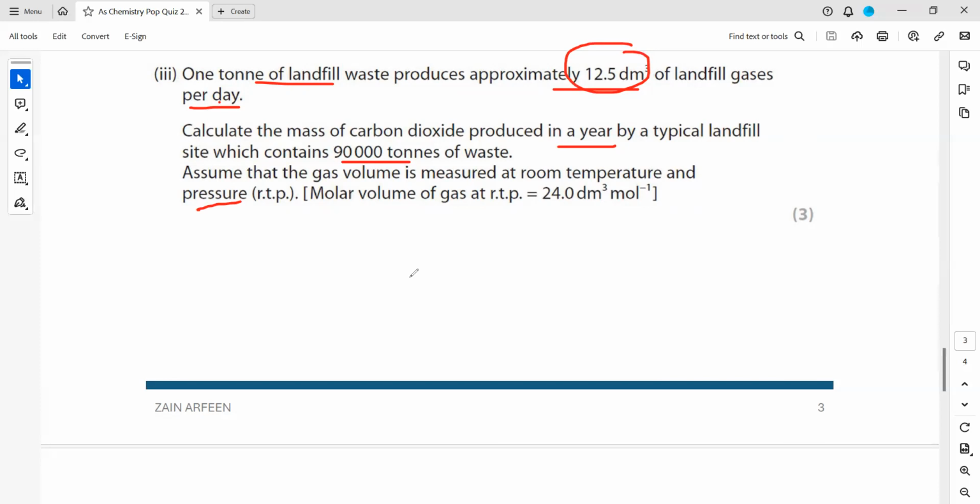So we have 12.5 dm cube per day, and this is by 1 ton.